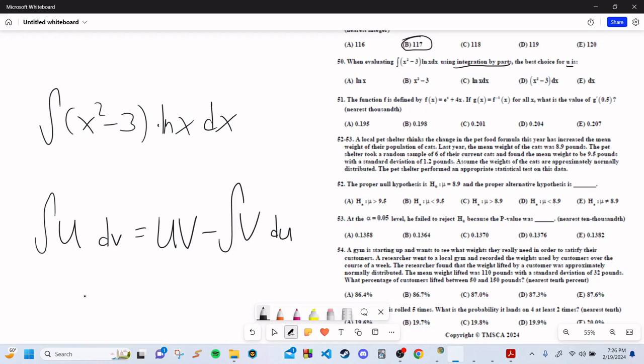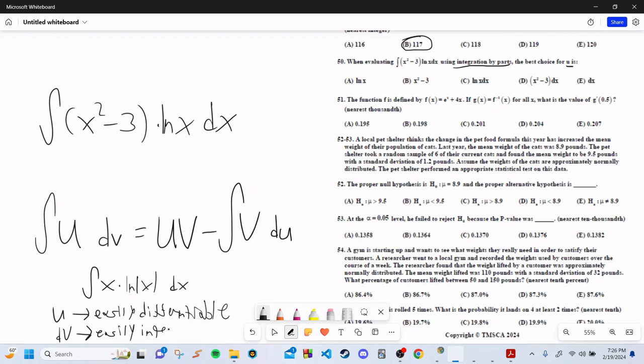And so an example where you'd use this, say x times ln of x dx. I want to integrate this. Okay, so the rules to follow are that generally u has to be easily differentiable, and dv is easily integratable.